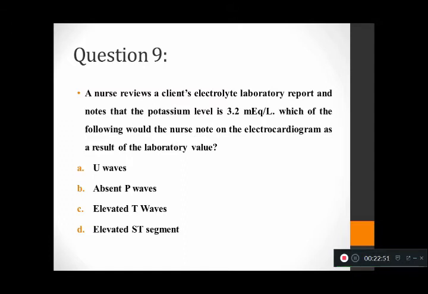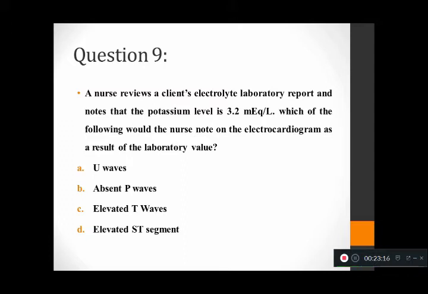Also, the nurse wants to see the electrocardiogram report. The options given are U waves, absent P waves, elevated T waves, and elevated ST segment.